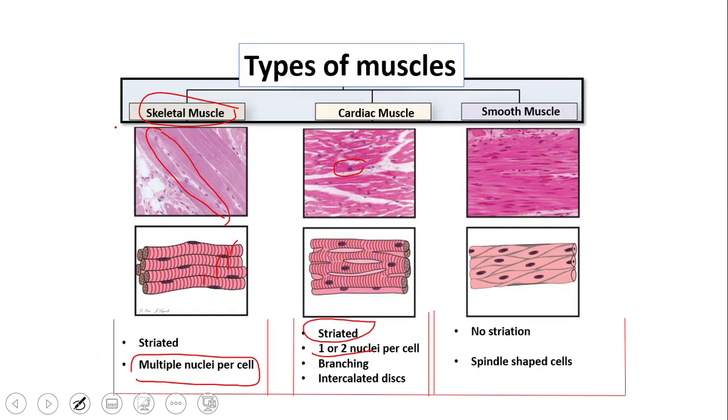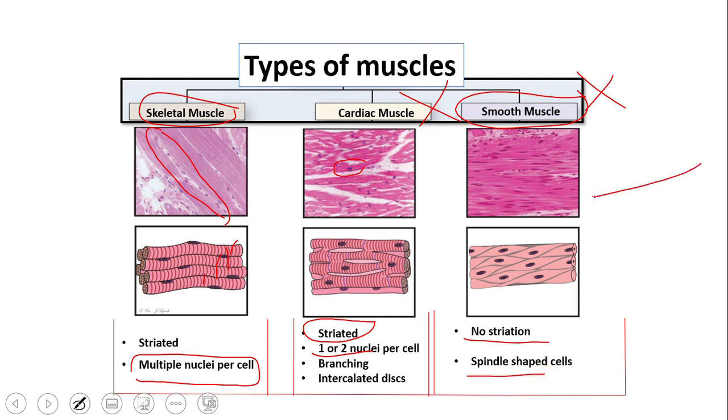Then we have the smooth muscles. They are the muscles helping us to move, for example, the small intestine, to get the food downstream through the digestive canal. So they are involuntary. We do not control them. If you look under the microscope, there is no striation, but the smooth muscle cells have a specific shape, which is spindle shaped.